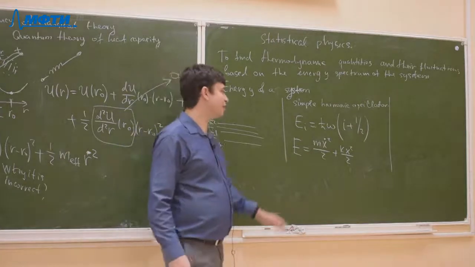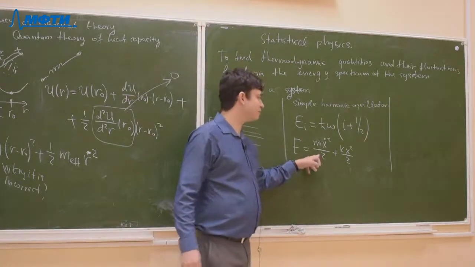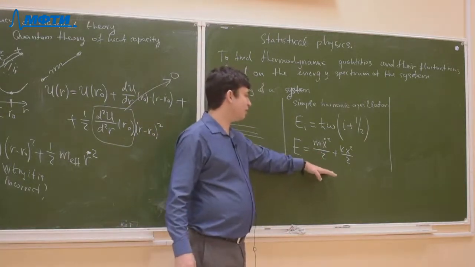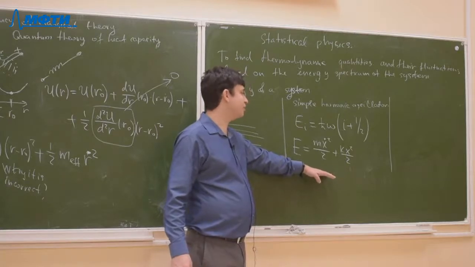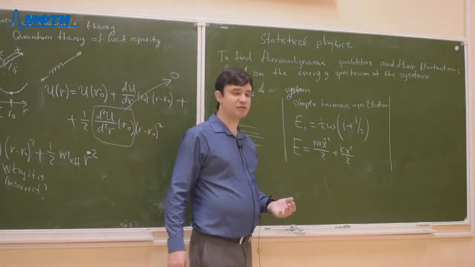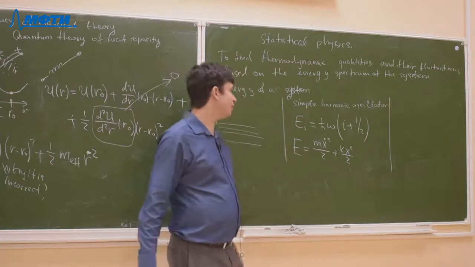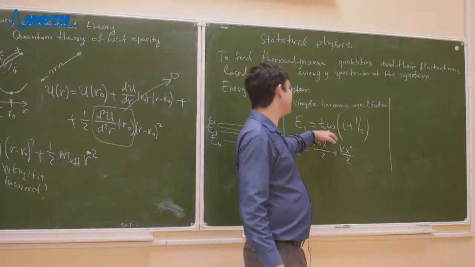So quantum mechanics says that if we have a classical oscillator moving along one dimension, then the energy of this oscillator cannot be any arbitrary value, but the energy of this oscillator is quantized.